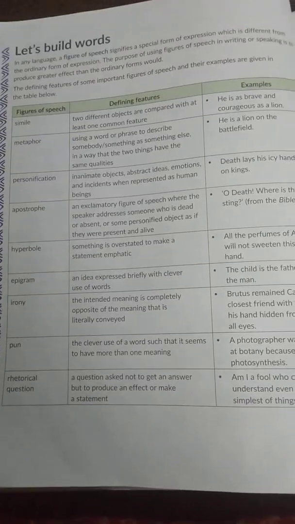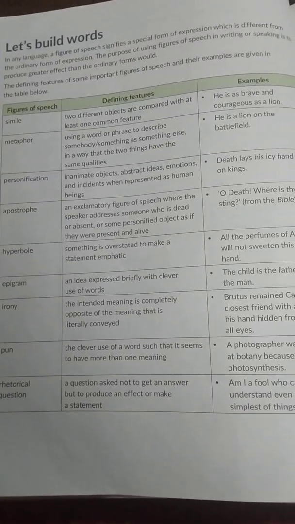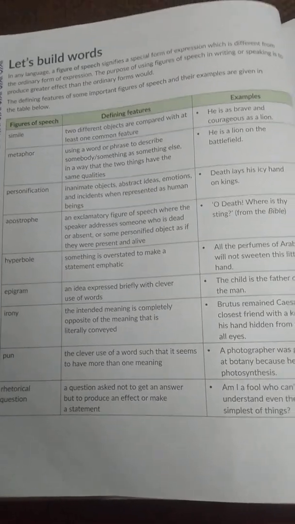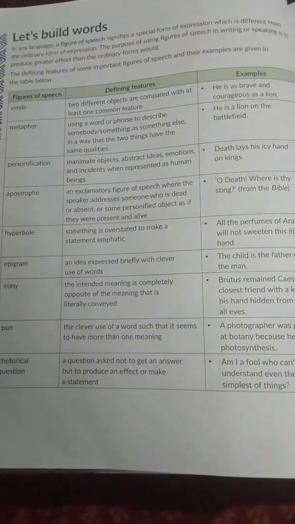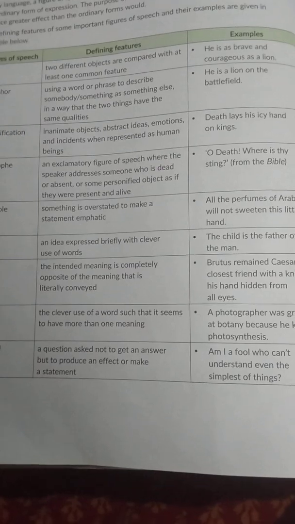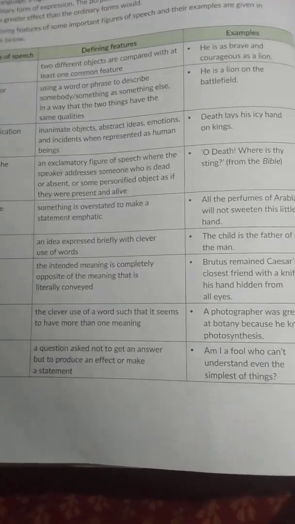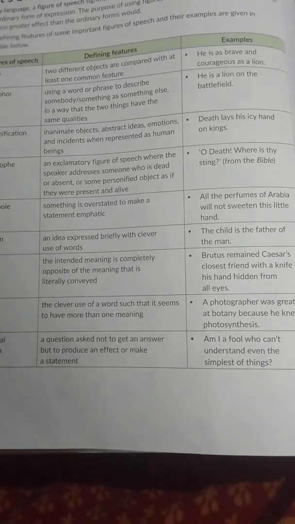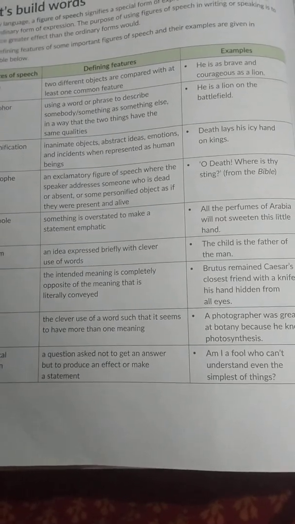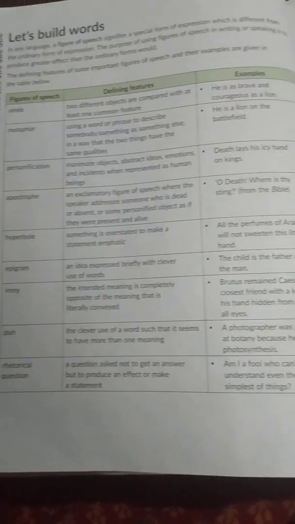Generally these figures of speech are used in dramas, novels, poetry and writing. As the example says, death lays his icy hand on kings, like the king is going to die.